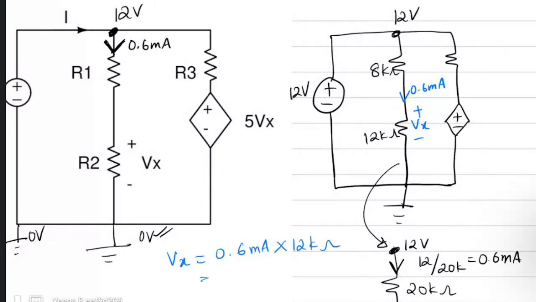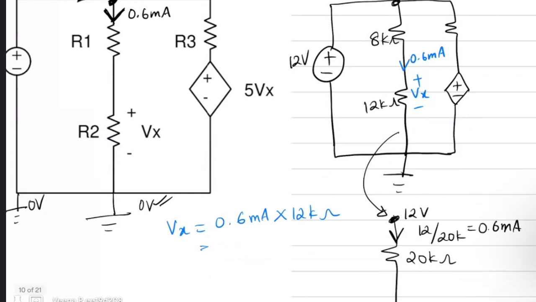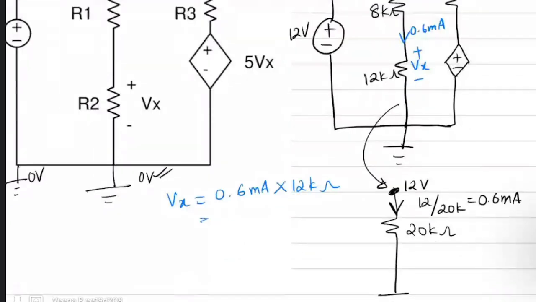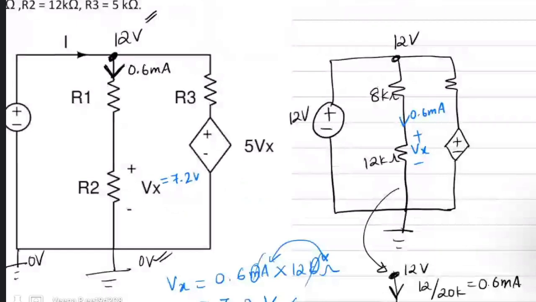So milli is 10 raised to minus 3 and kilo is 10 raised to 3. So that will cancel off with each other. So we end up with 0.6 times 12, which is nothing but 7.2 volts. Because milli and kilo get cancelled out, ampere times ohm is volts. So you got your Vx. Vx is nothing but 7.2 volts.